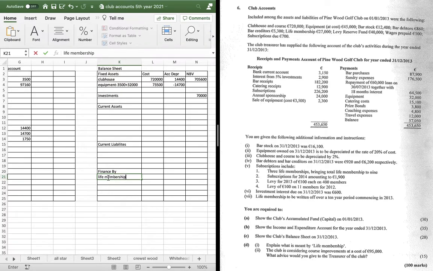It starts off as 27,000, and it says we've three life memberships bring the total to 9, which means we've got 6 at the moment. So if we take that 27,000 and divide it by 6, multiply by 9, you get 40,500 as your life memberships. So they're 3,500 each, something like that.